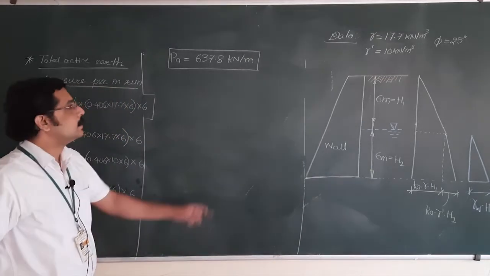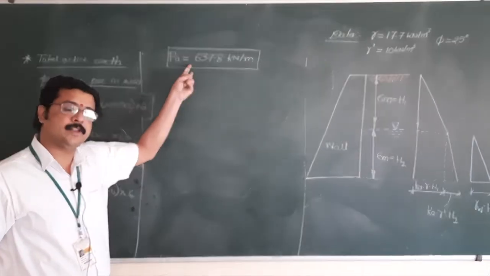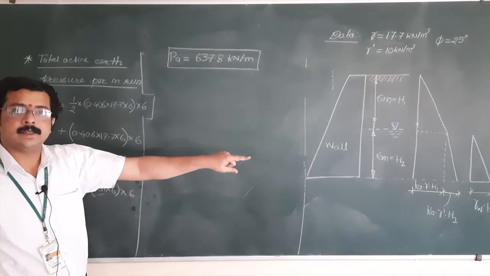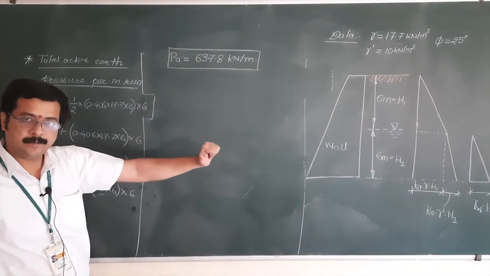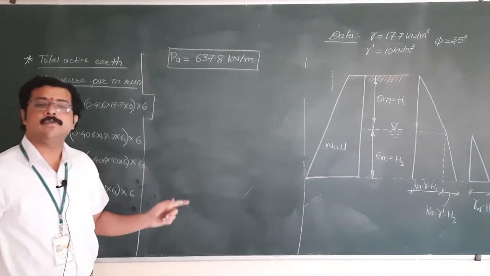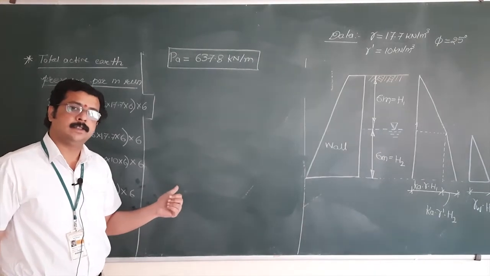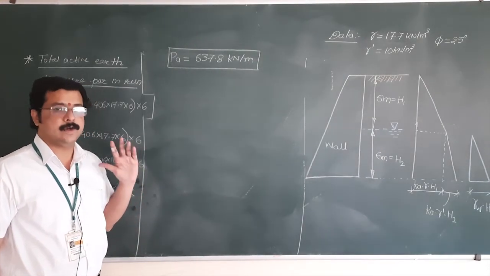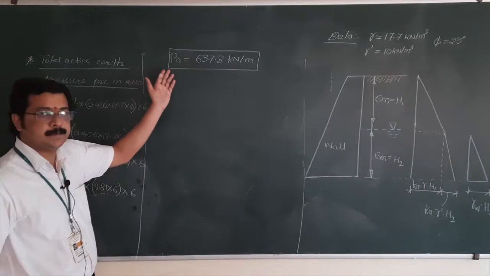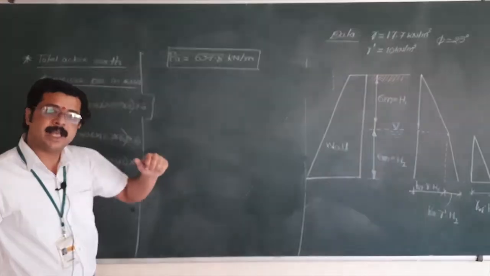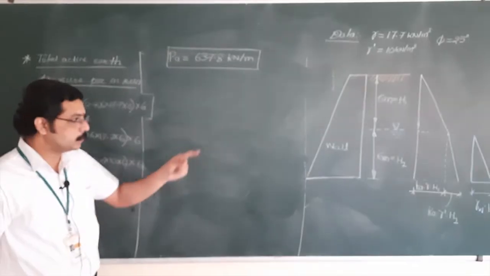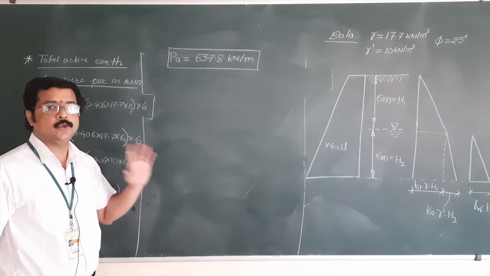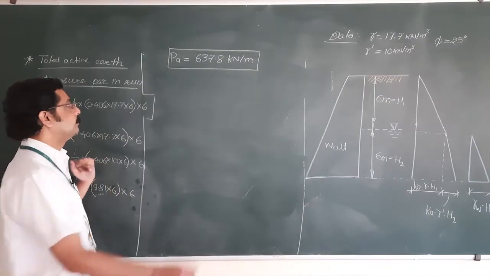Okay, so this is the total pressure when soil is submerged up to 6 meter depth, and earlier we have found out the pressure when the soil is fully dry. So what is the difference between this pressure and that pressure? That will be the additional pressure exerted due to the change in condition of the soil. Let us find out that.